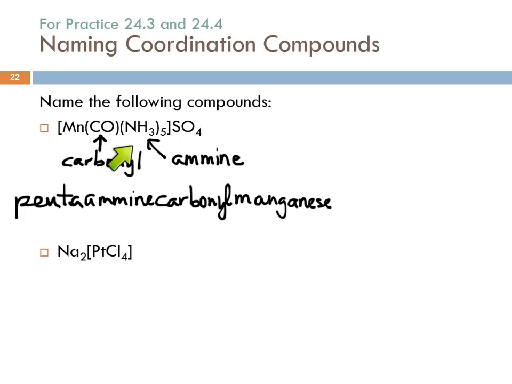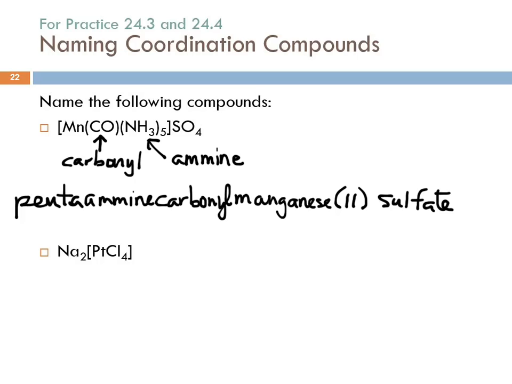Sulfate has a -2 charge, and so the manganese must have a +2 charge. Manganese 2, and then the counter ion is sulfate. Pentaamine carbonyl manganese 2 sulfate. Nice. And the 3A people are complaining about iron 3 oxide. I would too. Okay, what about this one?